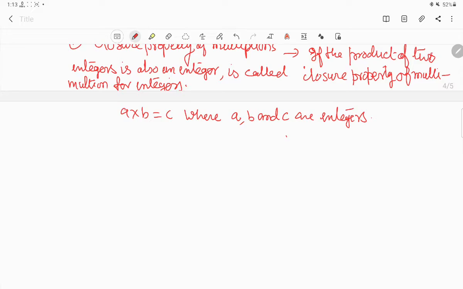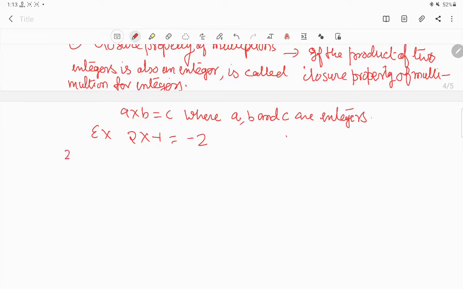This property is called the closure property. For example, 2 into minus 1 is equal to minus 2. 2 is an integer, 1 is an integer and minus 2 is also an integer. This property is called the closure property.